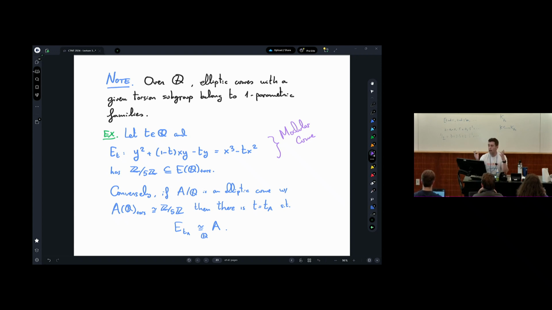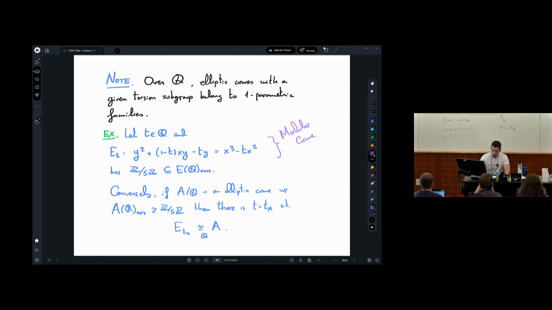And if you do that, then we can construct what we call a moduli space, a space that parameterizes elliptic curves with that property. These moduli spaces turn out to be curves called modular curves, that you might have heard of.